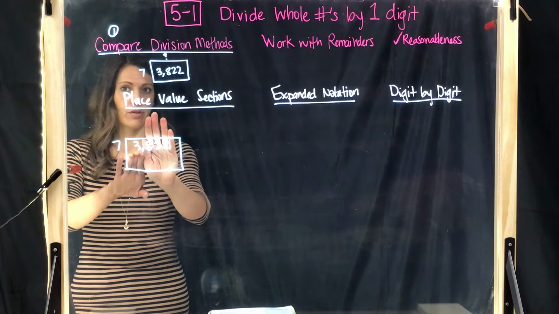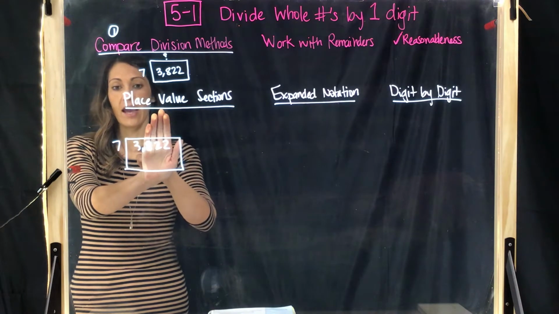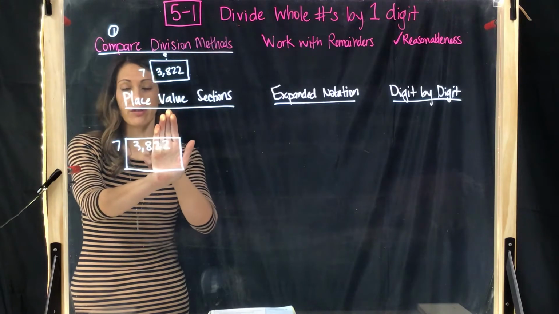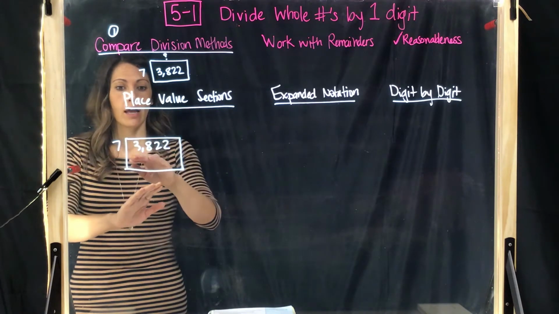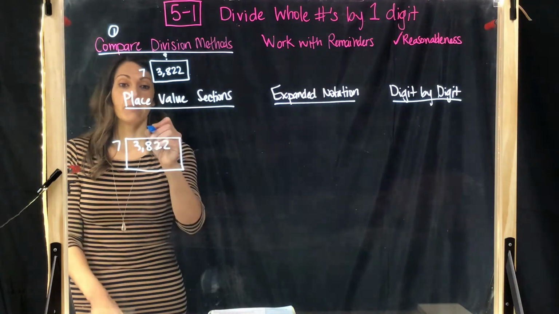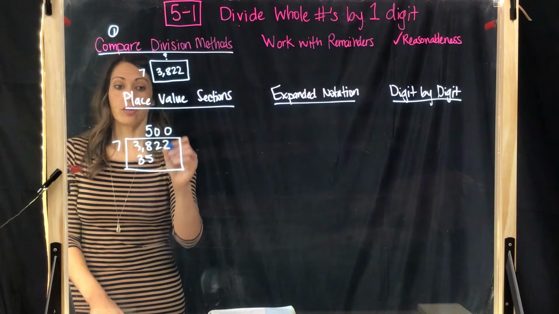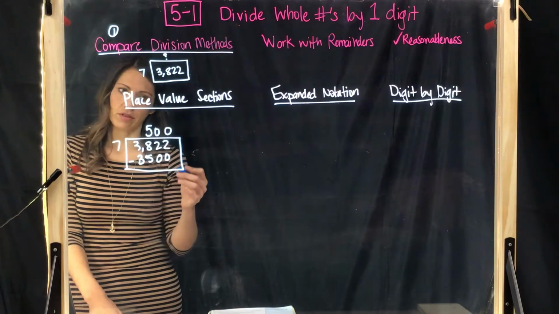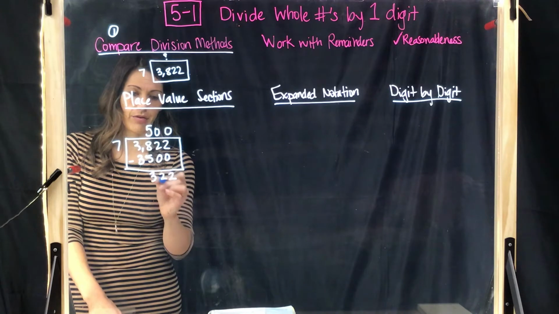The first number is 3, so can 7 go into 3? No. Can 7 go into 38? Yeah, because 7 times 5 is 35. So if 7 times 5 is 35, then 7 times 500 would be 35 with those two zeros, 3,500. And then I subtract, just like normal division. So that's a 2, a 2, and a 3.